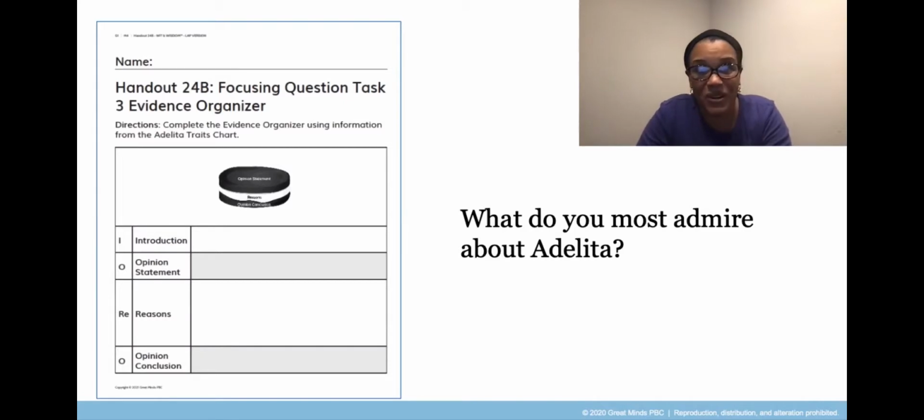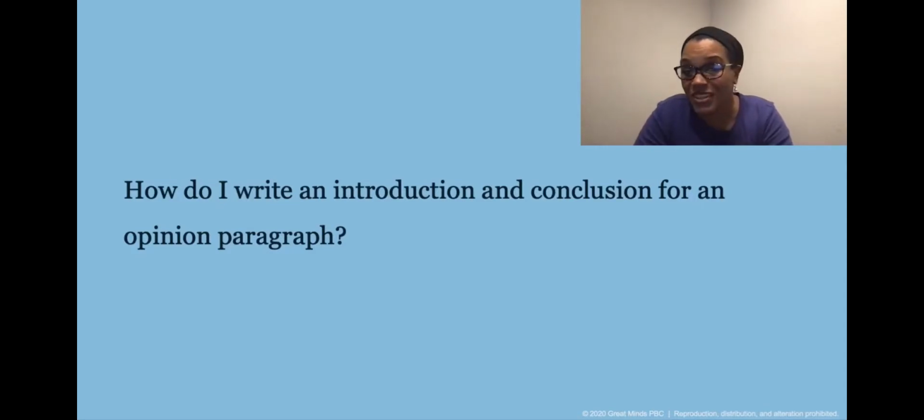Tell your learning partner, or just say it aloud. If you said you need to add an introduction and a conclusion, you would be right. And that's what you're going to add to your evidence organizer today. And you're going to be thinking about this question as you do that. How do I write an introduction and conclusion for an opinion paragraph?